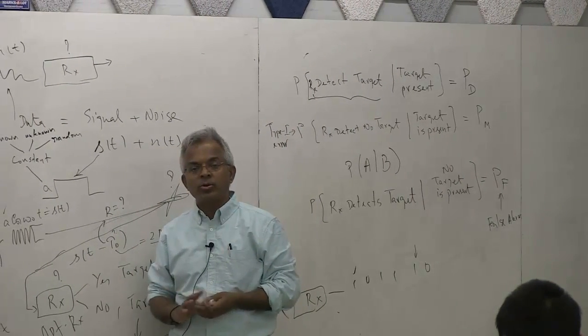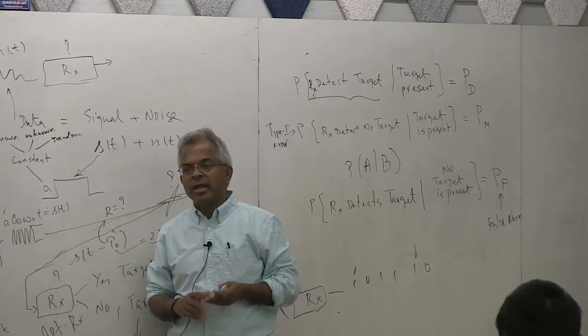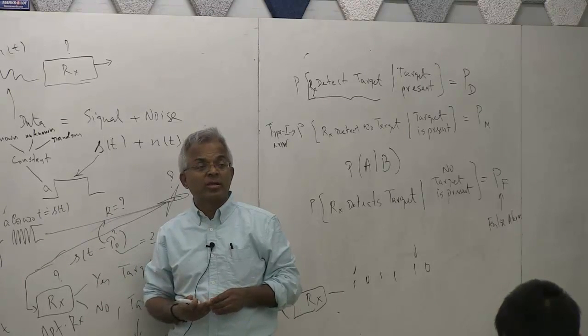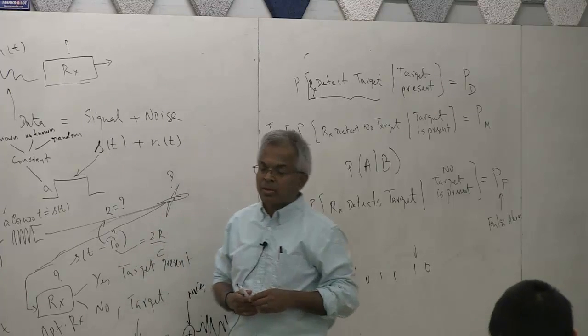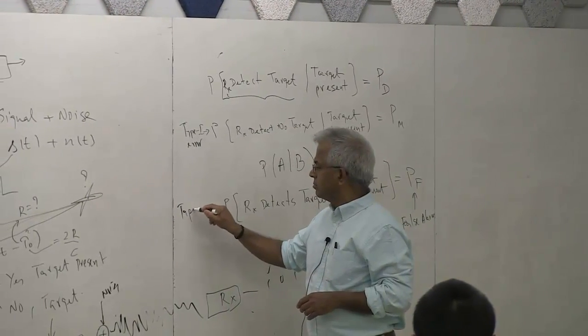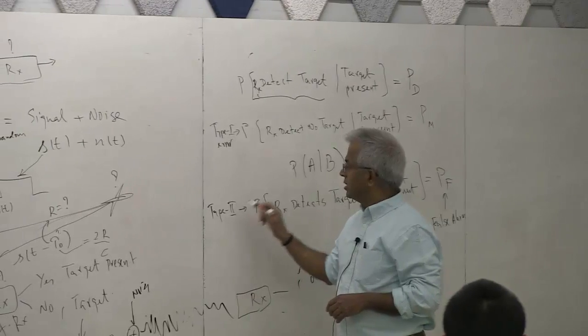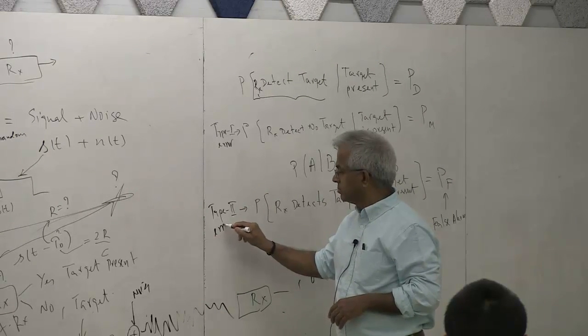As a result, you are at least exposing your location, or at least wasting ammunition, etc. In any case, it's also a type of error, so we call it type 2 error, I think. One of these is type 1, the other one is type 2. I have a feeling I reversed it.